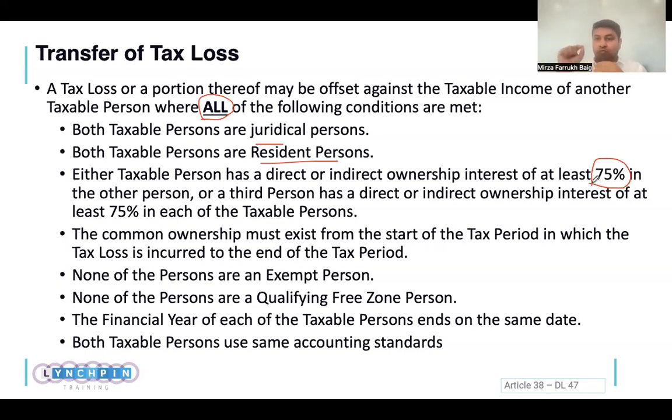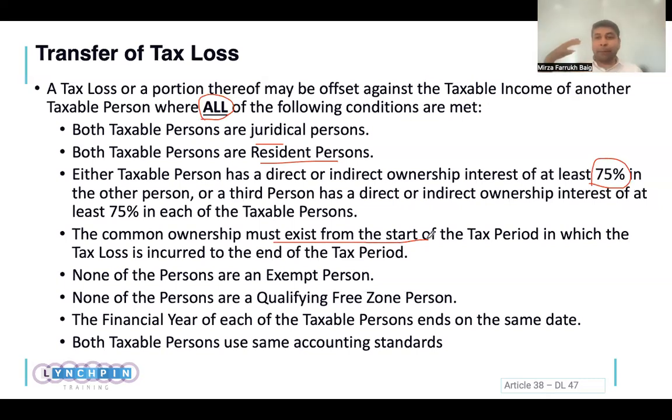It is a very interesting area, where even if I am not part of an approved tax group, for which I'm filing a single tax return, I can be part of a qualifying tax group, and in that case also I can adjust my losses here. Again, a very important point is that such common ownership of 75% or higher must exist from the start of the tax period.